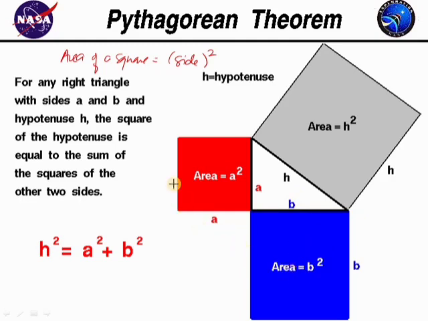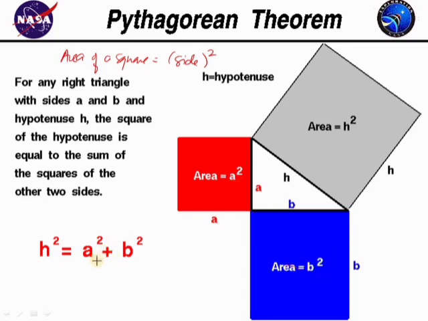Now according to the Pythagoras theorem, or Pythagorean theorem, the area of the biggest square, and you see the biggest square is this one, will be equal to the sum of the areas of the other two squares. The other two squares are a square and b square, and their sum turns out to be a square plus b square.